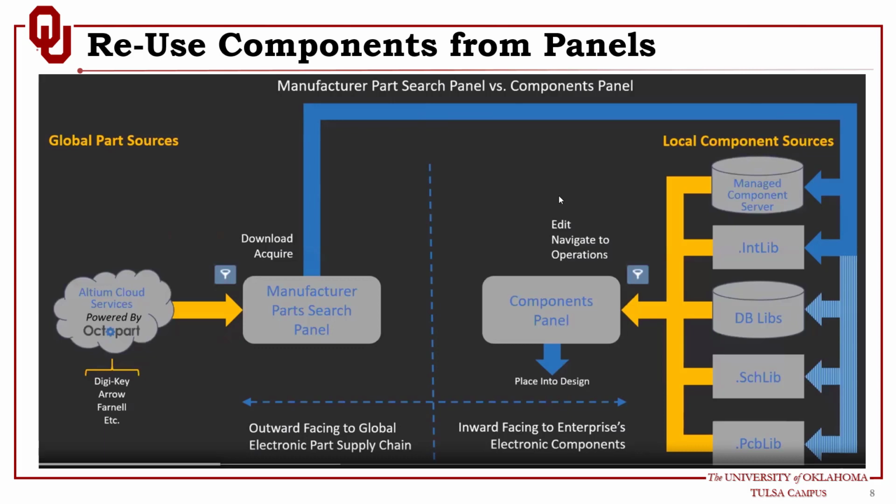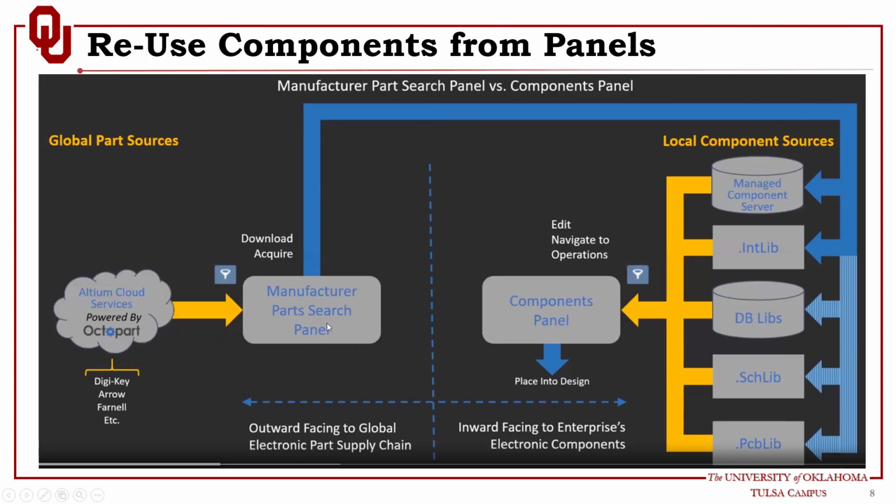This webinar basically was talking about Altium 19.1 and Altium Concord Pro and the difference between different tools from Altium Designer. And this slide is very interesting because you can try to understand the difference between the manufacturer part search panel and the components panel.